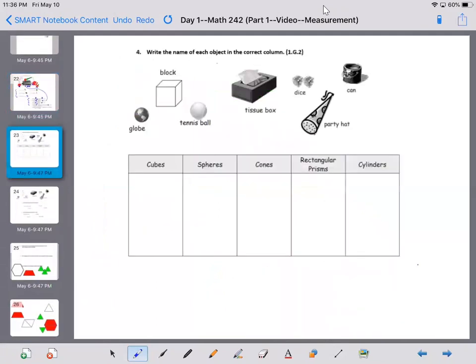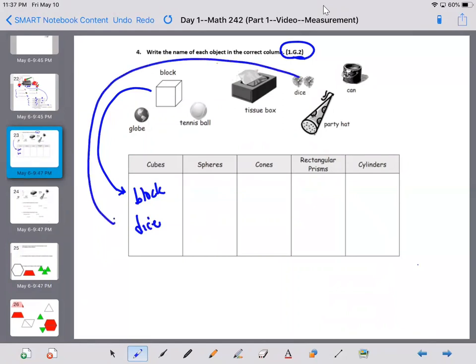Here we can have students write the name of the object in the correct column. So we're looking in a different standard with geometry. So we're naming that object. So we're thinking about cubes. We can see that the block is going to be part of the cube. And we also see that the dice would be part of the cube.